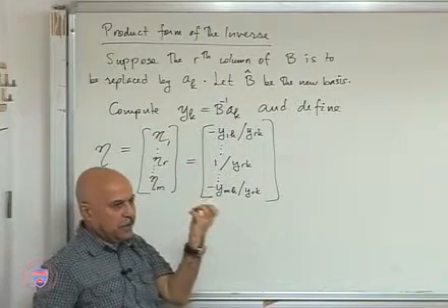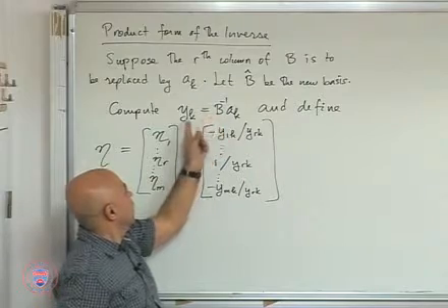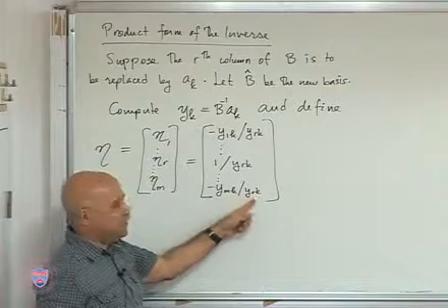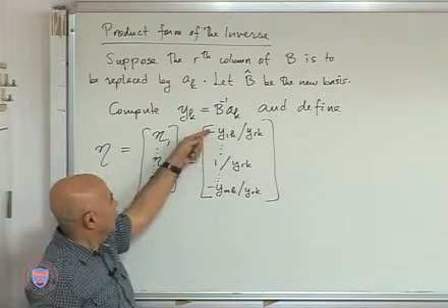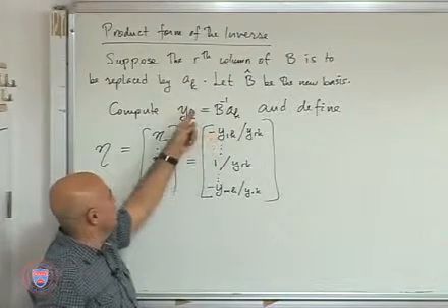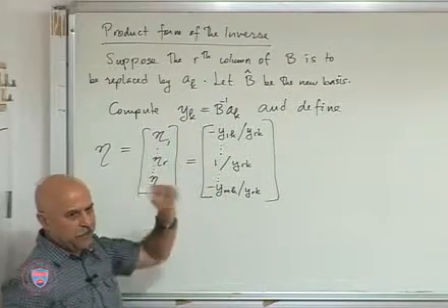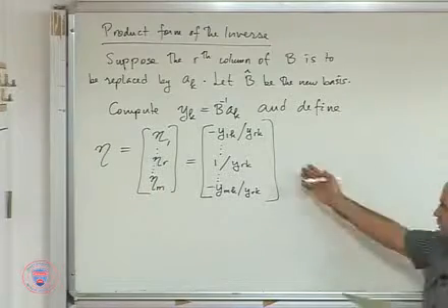So Yrk is the rth element in the column Yk. Okay? So you take that, you use that as a divisor. And the top elements or the numerators are the negative of the elements you see in Yk, except for the rth one, which is just 1. Okay? That's it. All right, so this is easy to form.